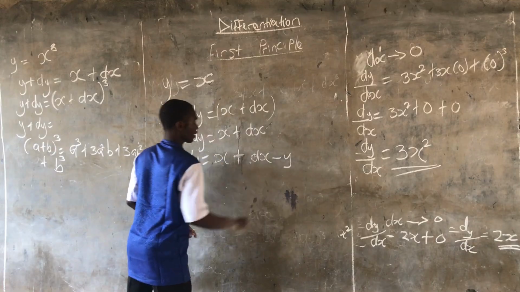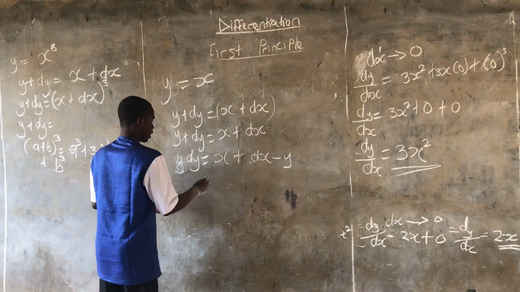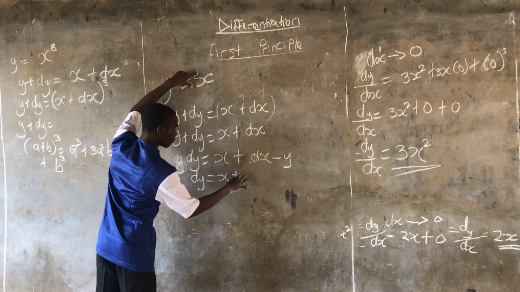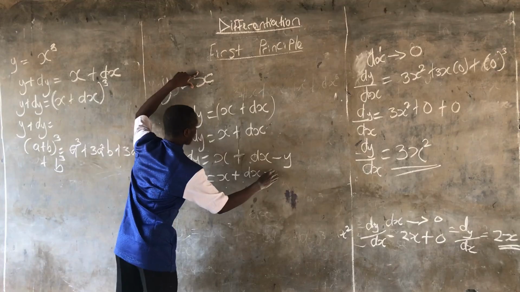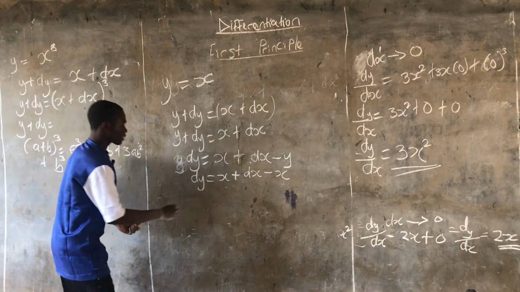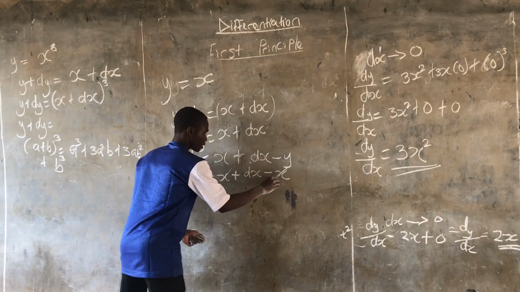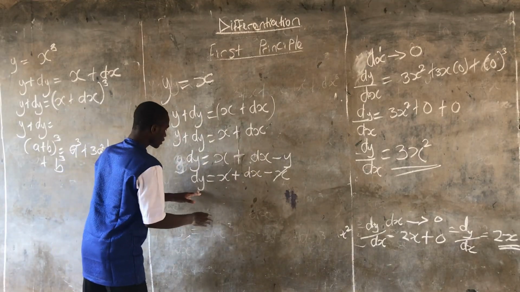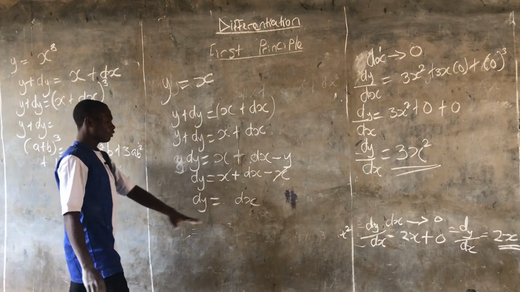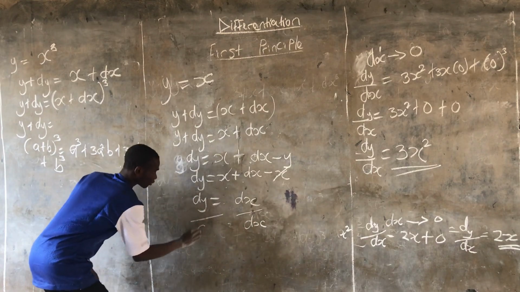So now, getting to this place where our y is x, we can say our dy is equal to x plus dx minus x. So we cancel x with minus x. Now we can say our dy is equal to dx. At this point, we divide both sides by dx, which becomes dx over dx.